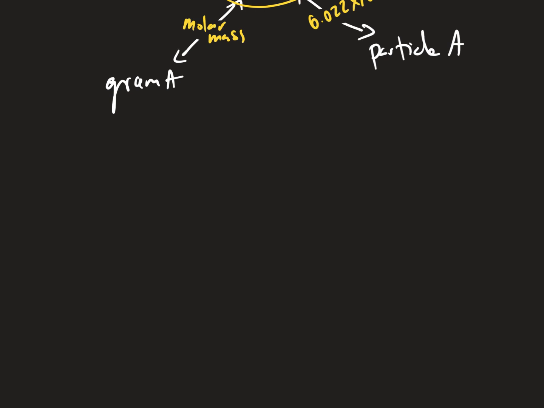Okay, it says how many moles of O2 would be consumed by the reaction of 1.25 moles of C2H5OH? So first of all, what's our first step? We have to have a balanced equation. If we don't have one, we can't do anything.